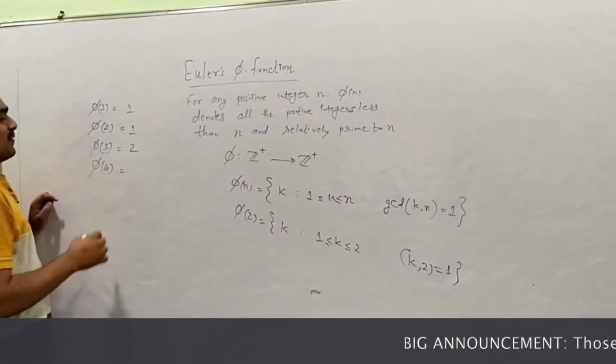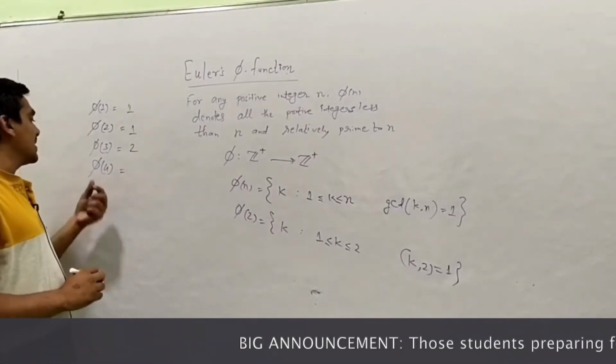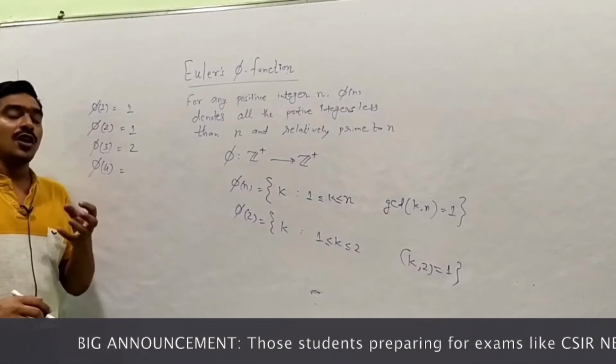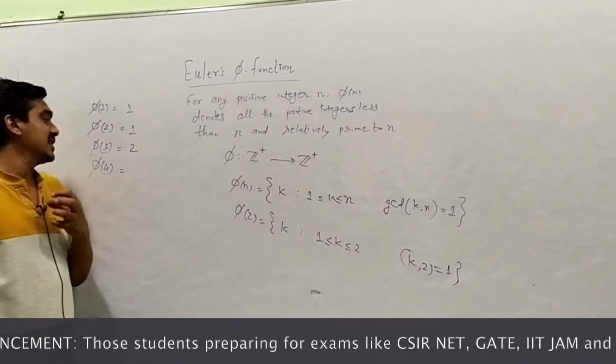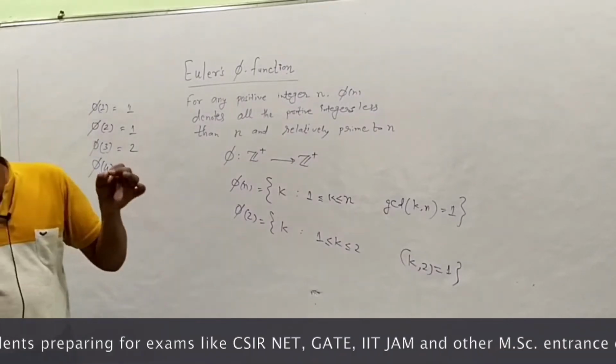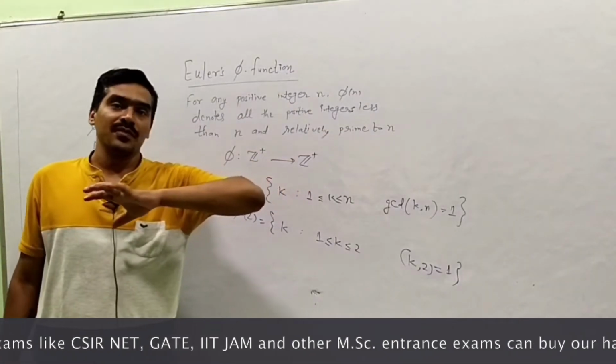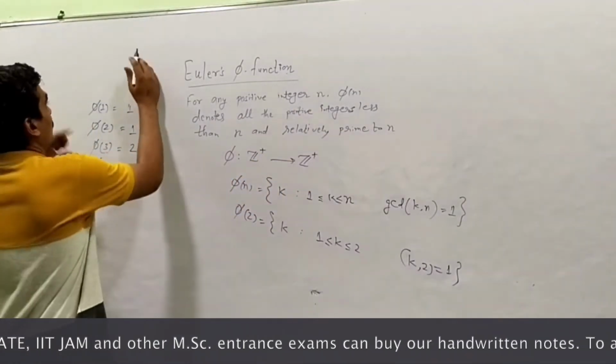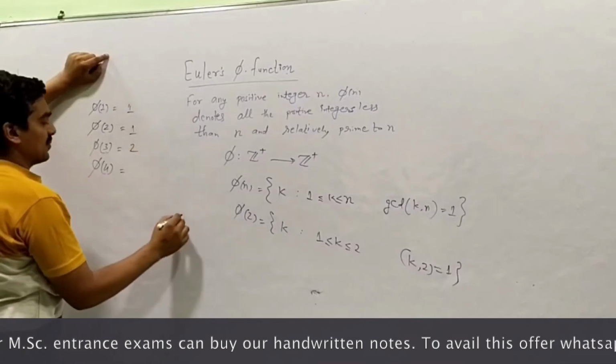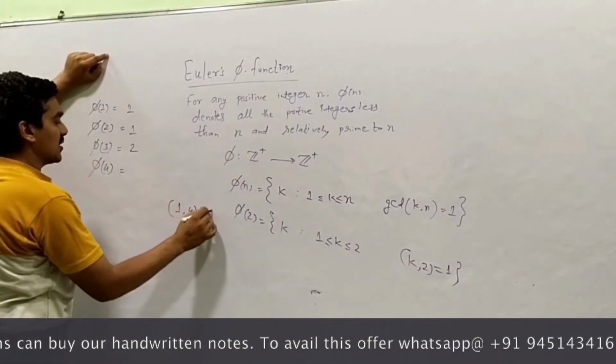What about phi 4? How many positive integers less than or equal to 4 are relatively prime to 4? We see that GCD of 1 and 4 is equal to 1.